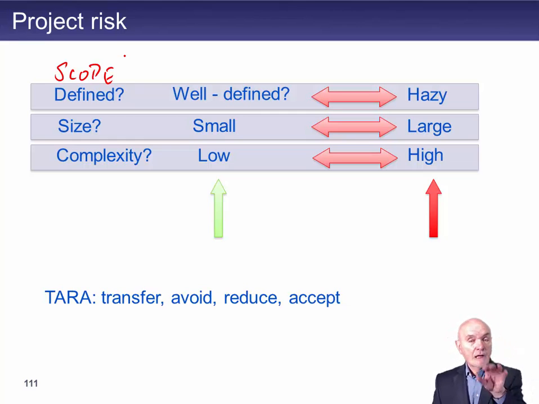So it could be very well defined, it could be really written down exactly what this project is going to achieve, exactly what kind of reports and outputs are going to come from the IT system, or it could be really hazy, not well defined. So a project saying the purpose of this project is to improve inventory could mean anything.